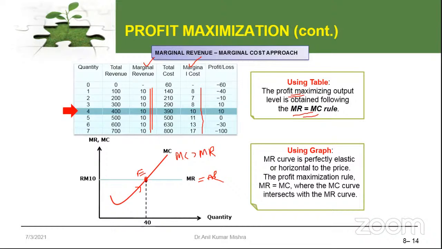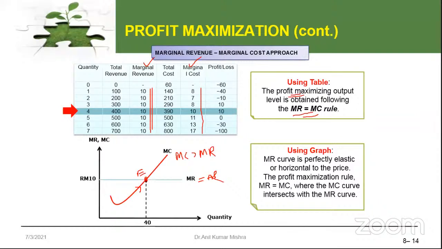Now, after knowing this, we have to move to price output determination and profit computation, both in the short run and in the long run. Here we reflect how pricing takes place in profit computation with the TR and TC approach and the MR and MC approach.